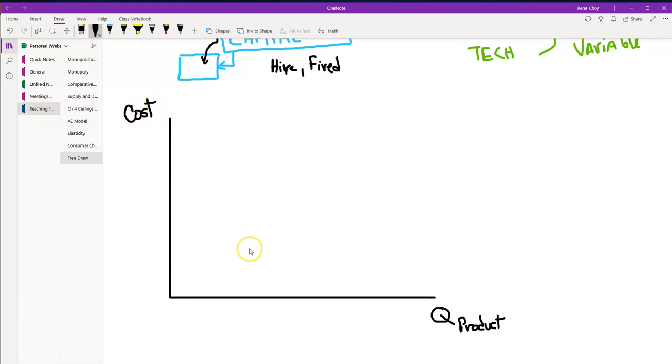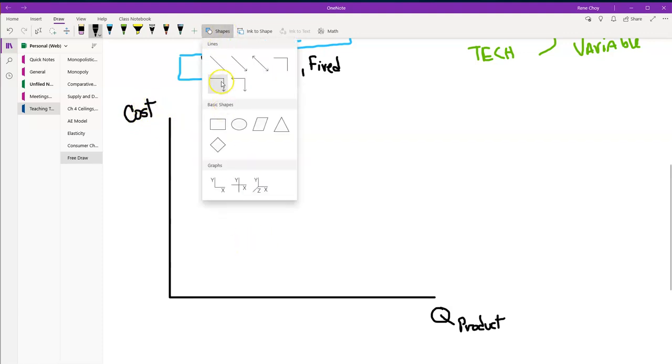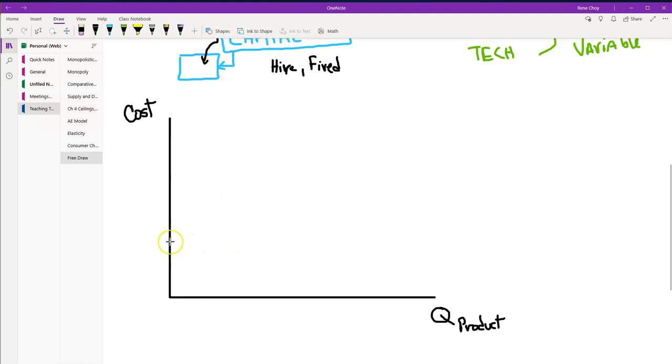All right, let's try to graph a fixed cost. A fixed cost is a cost that doesn't change regardless of where you are producing on this quantity axis. So if you decide to produce here, you still have to pay the same. If you decide to produce here, you still have to pay the same. And again, a really good example of that is rent. So let's say you have a small office and you pay $1,000 in rent.